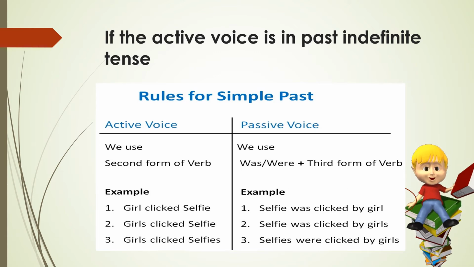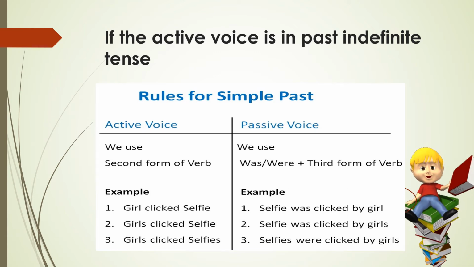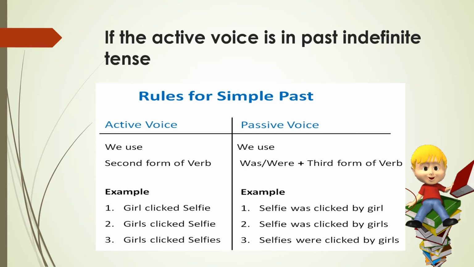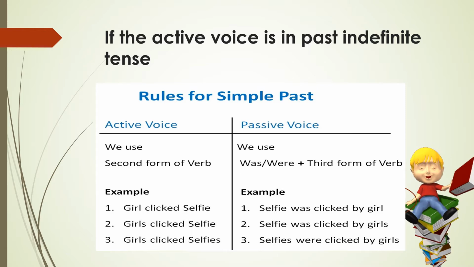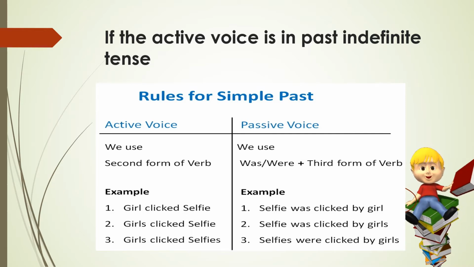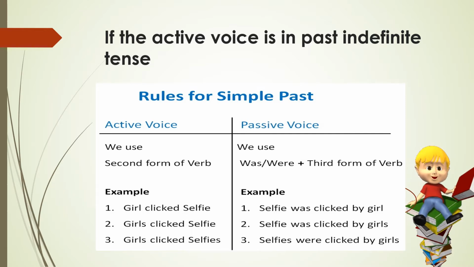When you convert them into passive voice, you take the helping verb from the next tense, that is past continuous, was and were, and then it will be followed by the third form of the verb as per rule, and then the word by and the subject, right?